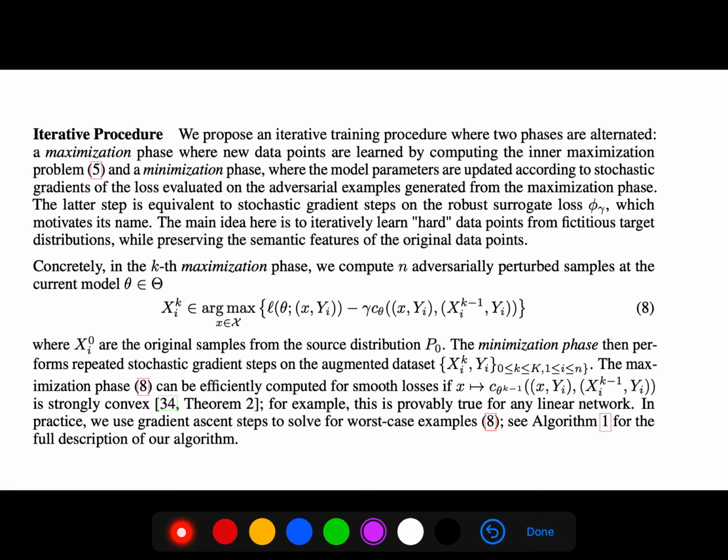And then we have the iterative training procedure where two phases are alternated. The maximization phase, where new data points are learned from computing the inner maximization problem, and a minimization phase, where the model parameters are updated according to stochastic gradients of the loss.